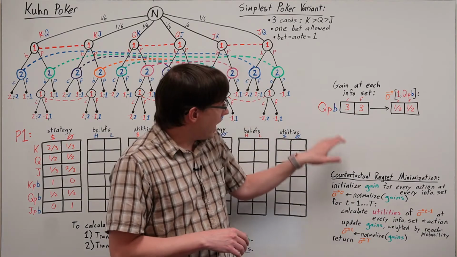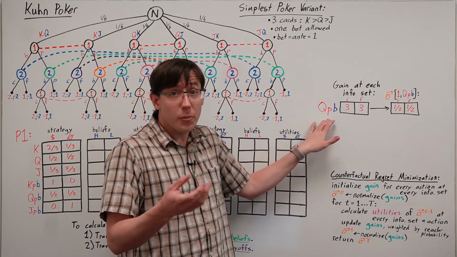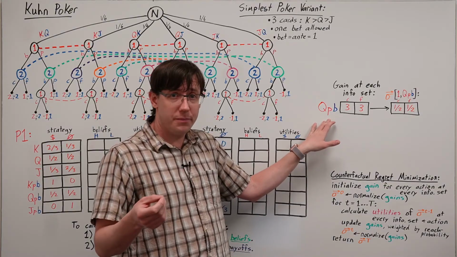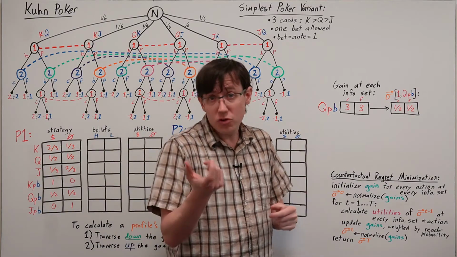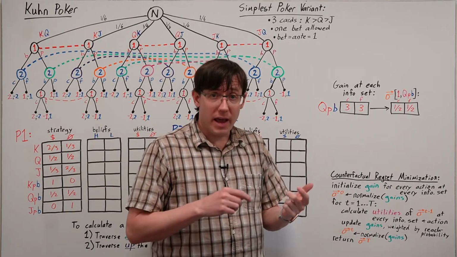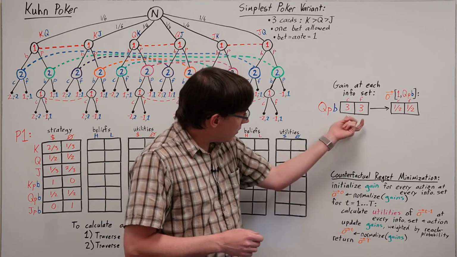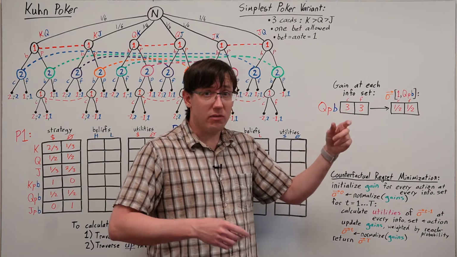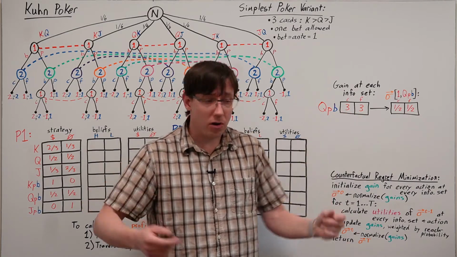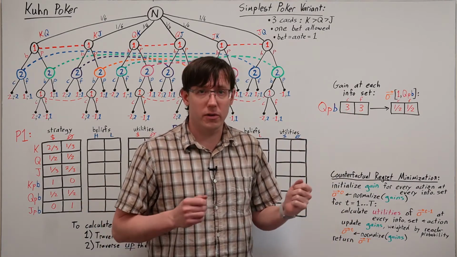So for example, at the QPB information set for player 1, since player 1 has 2 actions there, they will have a gain value for each action, and this will track the gain that we've seen so far across all of the iterations of our algorithm.